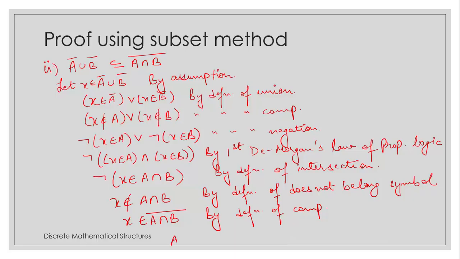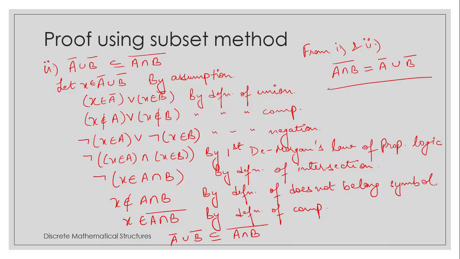So that proves that A bar union B bar is a subset of A intersection B bar. Then finally we can say that from 1 and 2, A intersection B bar is equal to A bar union B bar. This is the proof using subset method.